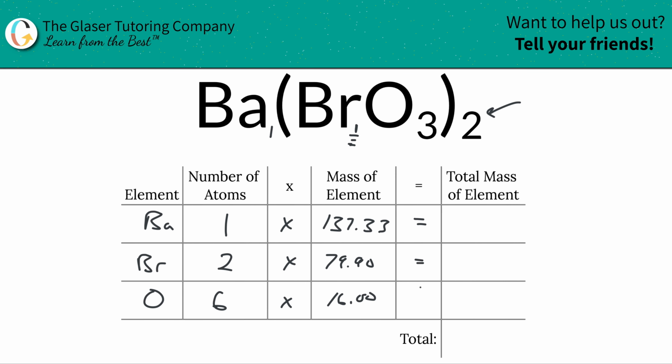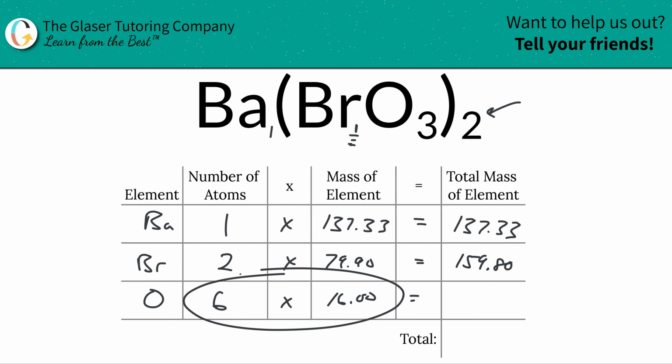Now we take those masses and multiply by the number of atoms to find the total mass of that particular element in the compound. For barium, it's 137.33. For bromine, we take 79.9 and multiply by 2 because we have 2 bromines, which works out to about 159.80.